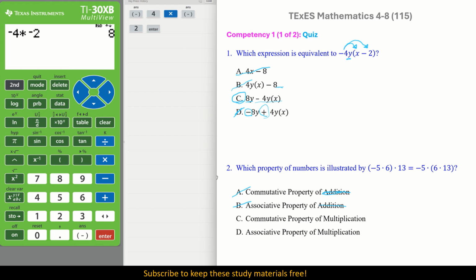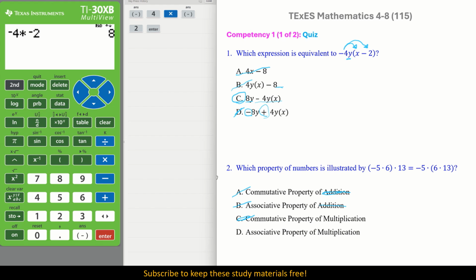Now let's look at C and D. We do have property of multiplication for both, but which one is it? Is it commutative or associative? Well, all of the integers stay in the same position on the right side and the left side. So that cannot be commutative. C cannot be an option.